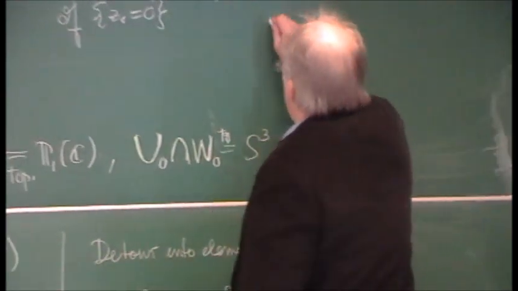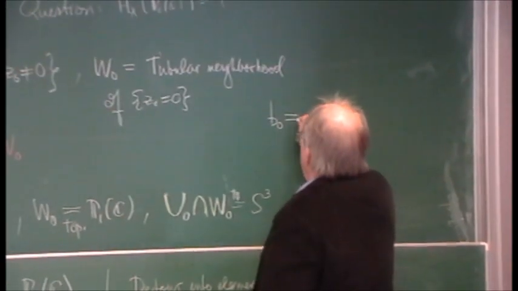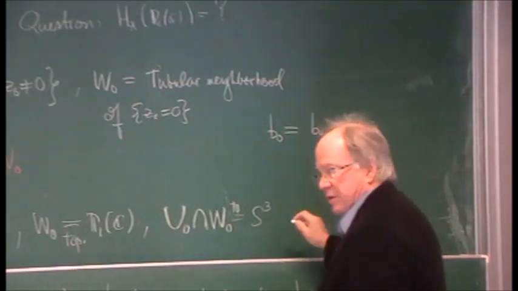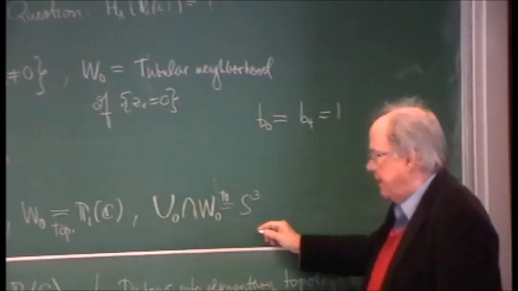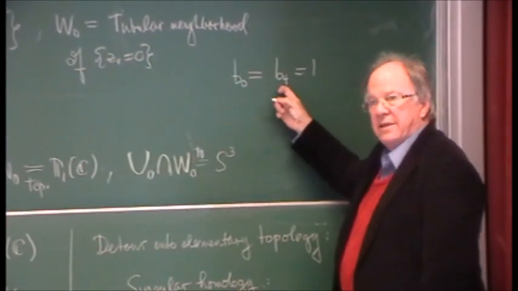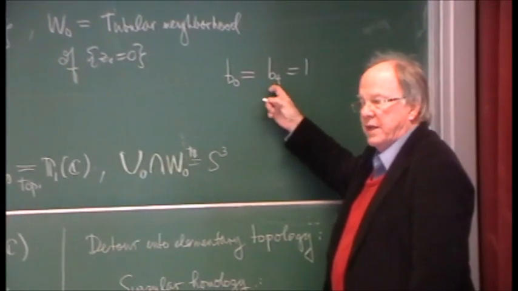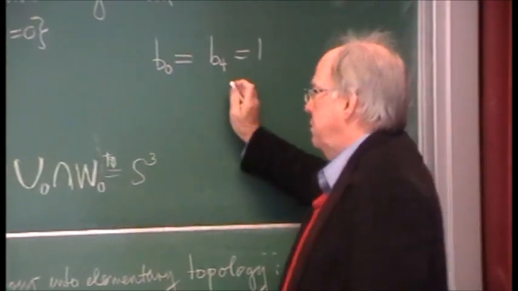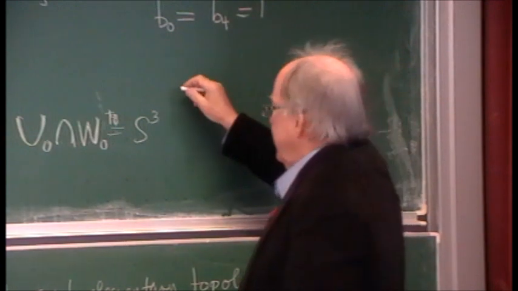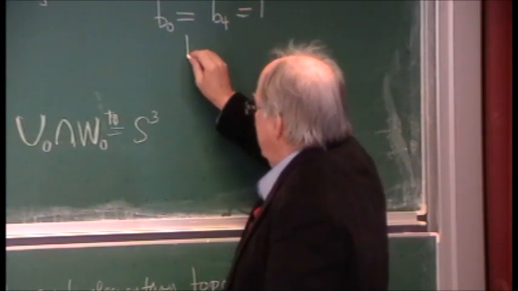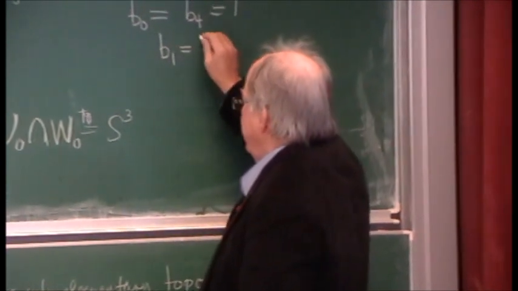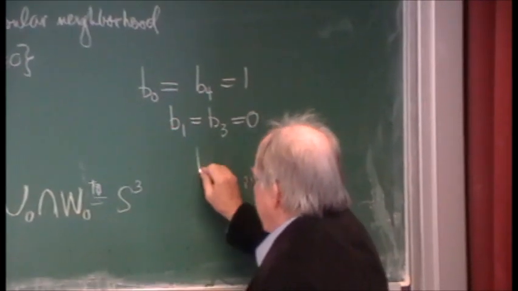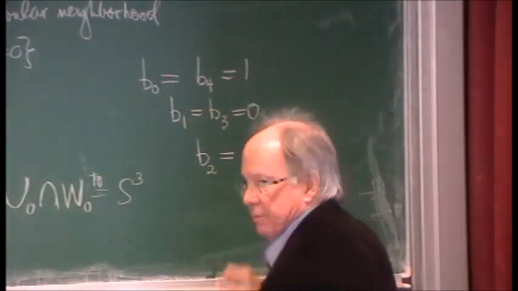It's easy to see, it's a formal point, that B0 equals B4 equals 1. We've seen it in our course last semester. This is the top dimensional thing that's really dual to that, the orientation form. This is just the fact that this is just a point basically. The odd cohomologies are 0. This is also easy to see. And the interesting thing is B2.